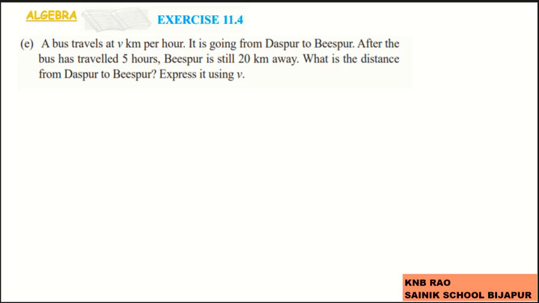Then coming to question number E. A bus travels at v km per hour from Daspur to Bispur. After the bus has traveled 5 hours, Bispur is still 20 kilometers away. So let's say this is Daspur, and here is Bispur.